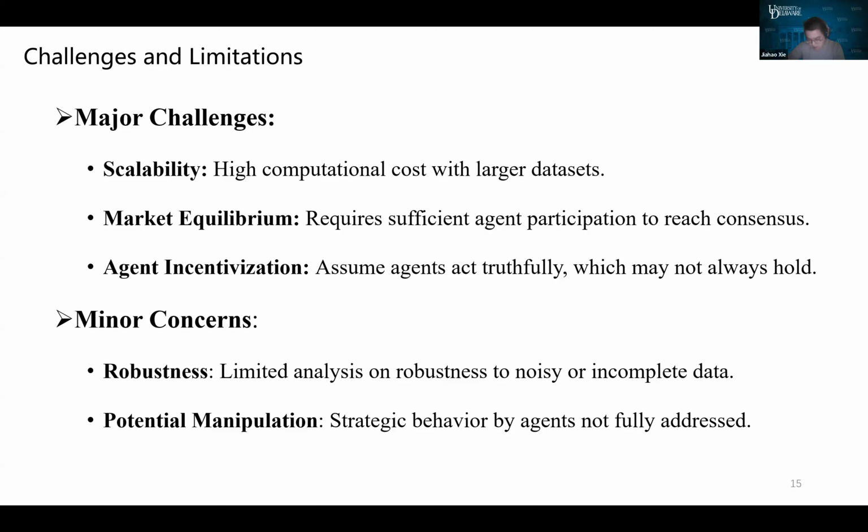Finally, the authors assume that agents report their beliefs truthfully, while strictly proper scoring rules encourage this. In practice, there may still be instances where agents don't act completely honestly. Managing these potential issues of strategic behavior and incentivization is something that needs to be explored in future work.